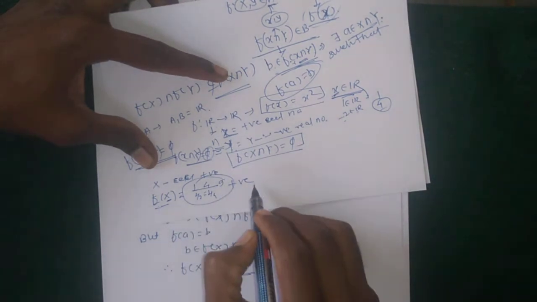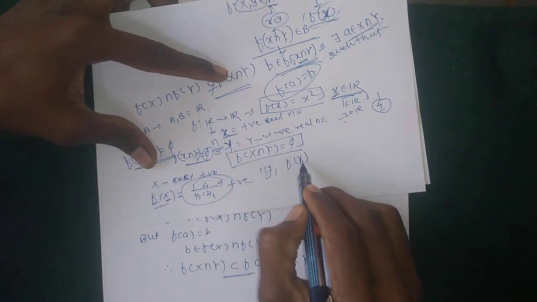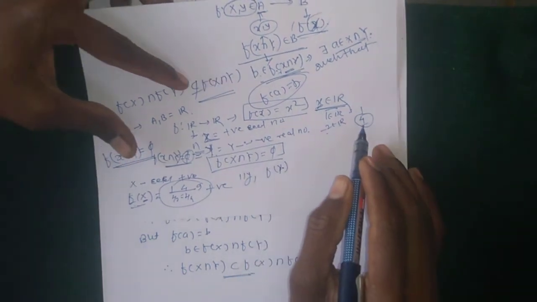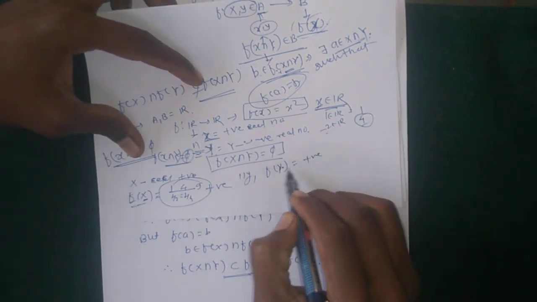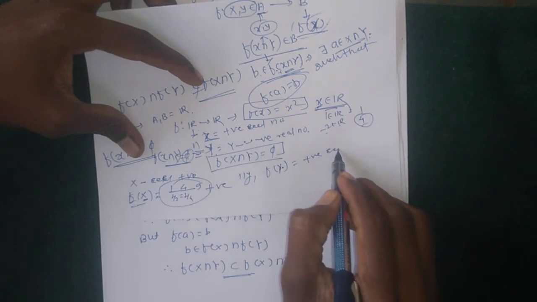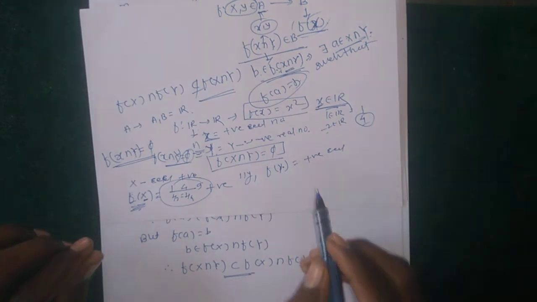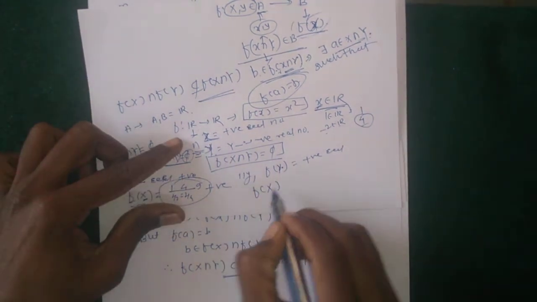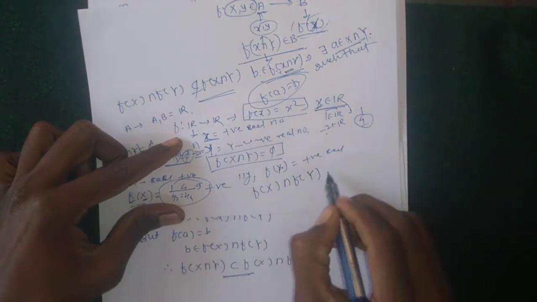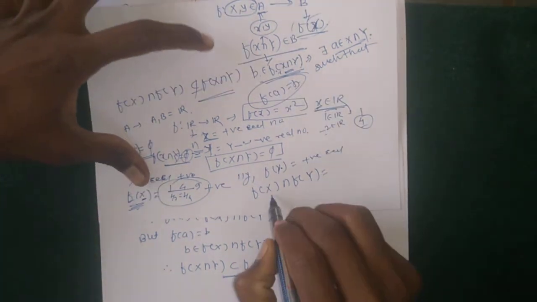And similarly f of y is the set of all positive real numbers, since the square of a negative real number is also a positive real number. Which implies that f of x intersection f of y has a number of elements common in that set.